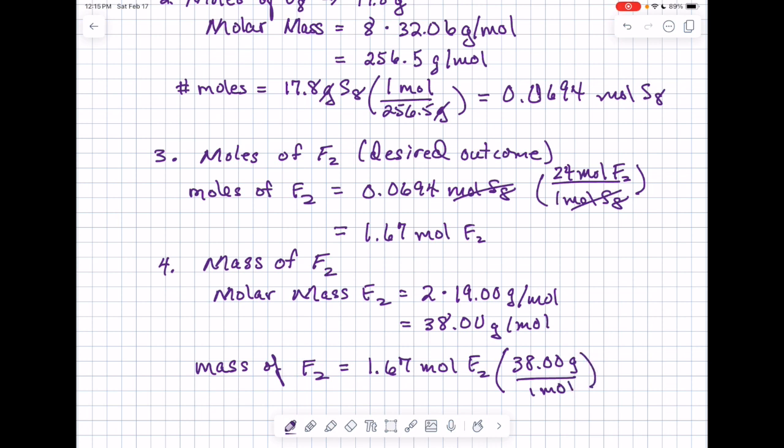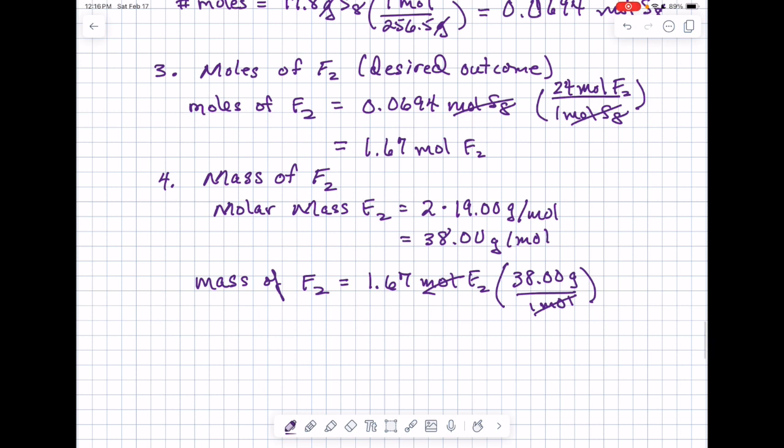And again, just to remember, sometimes if you're not sure about whether to multiply or divide, work with the dimensional analysis. Get the units to cancel. What do you want to disappear? You want that to be in the denominator. So we're going to disappear our moles because they're going to cancel out, and we're going to be left with grams of F2 as our result.